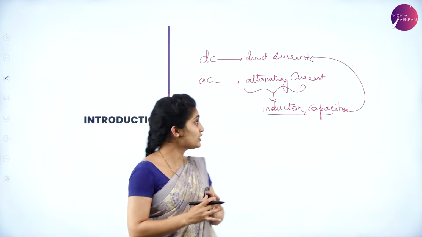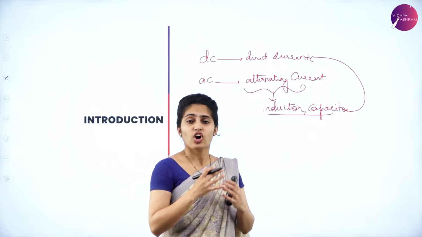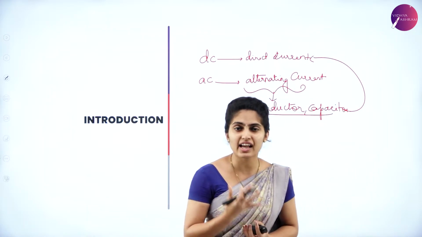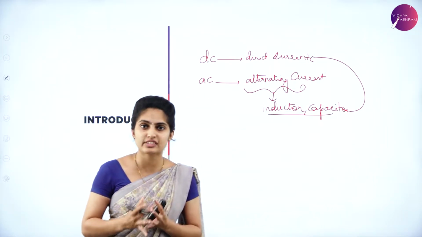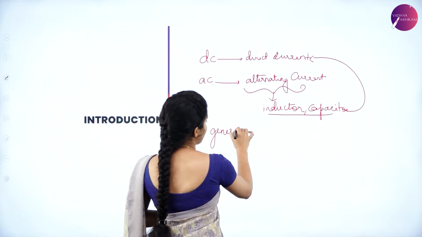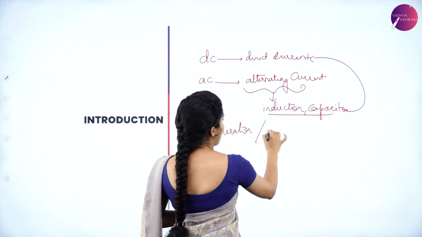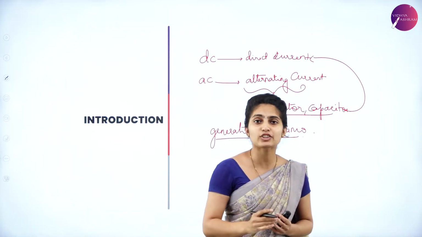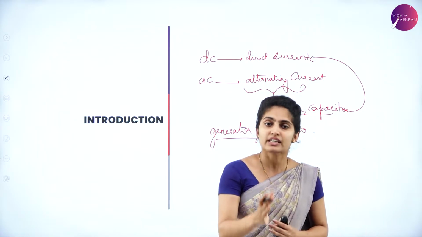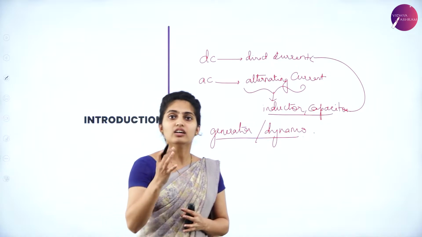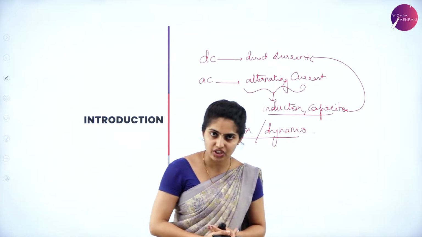In case of alternating current or alternating voltage, the actual source from where we get this is generators as well as dynamos. We have studied in the electromagnetic induction chapter how exactly the alternating current generator works.